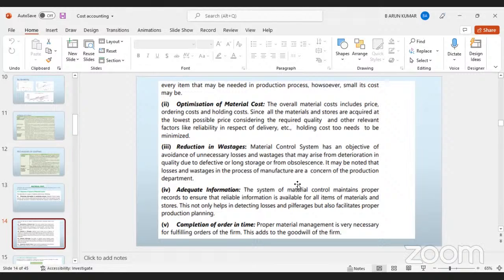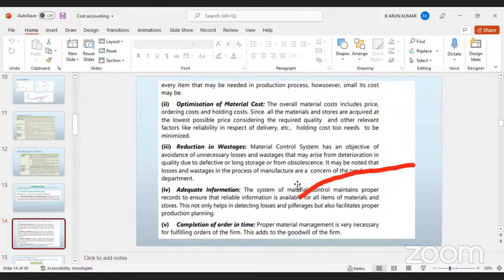It may be noted that losses and wastages in the process of manufacture are a concern of the production department. Here, through the material controlling system, we reduce the wastages.